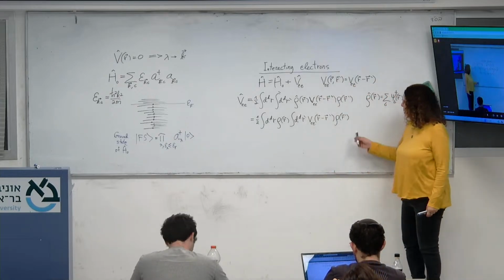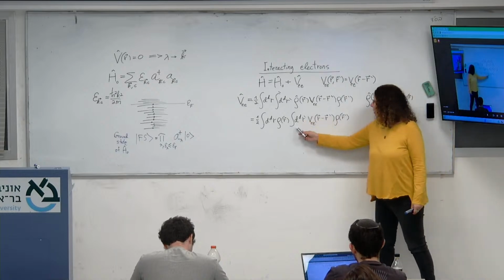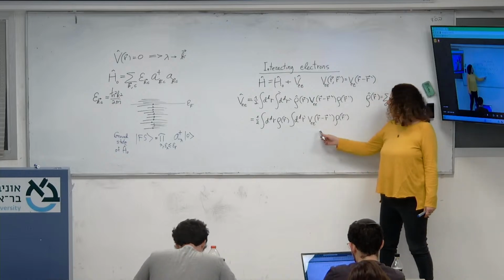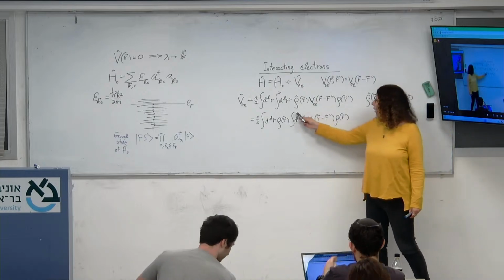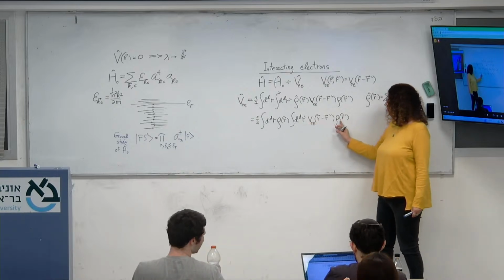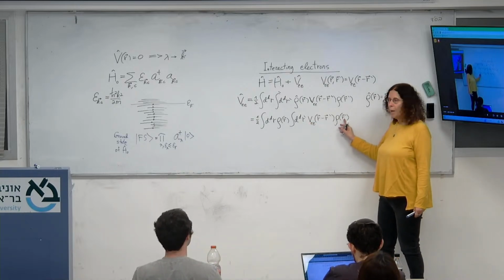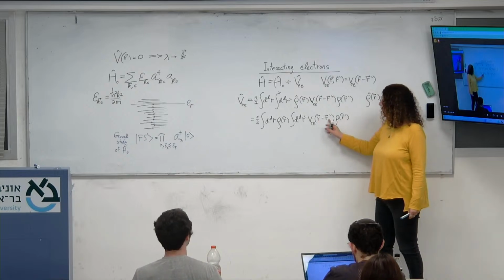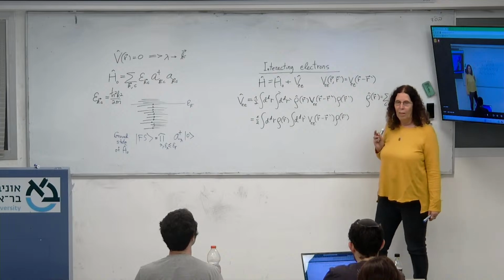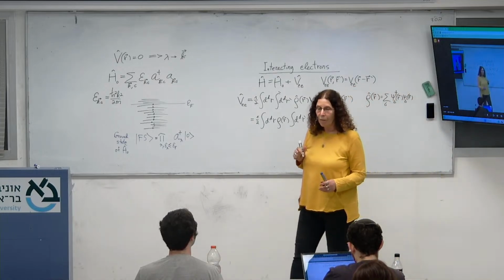Now, what do I have here? You agree with me that this integral has the form of a product of a function at R prime and a function at R minus R prime, and then you integrate over R prime. How do you call this kind? A what?